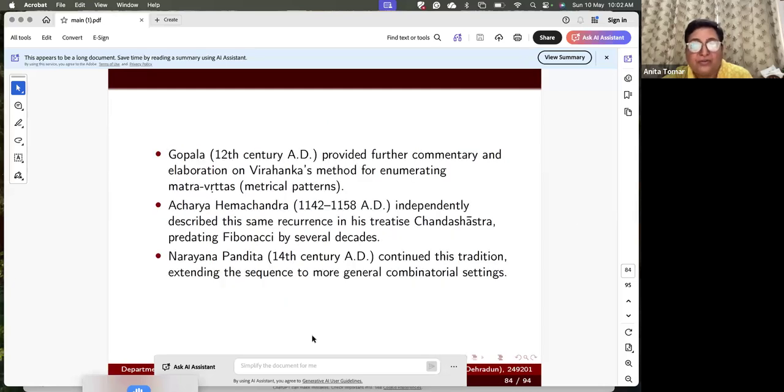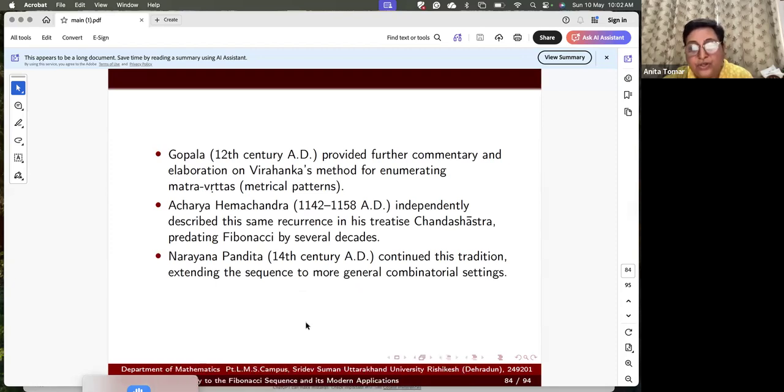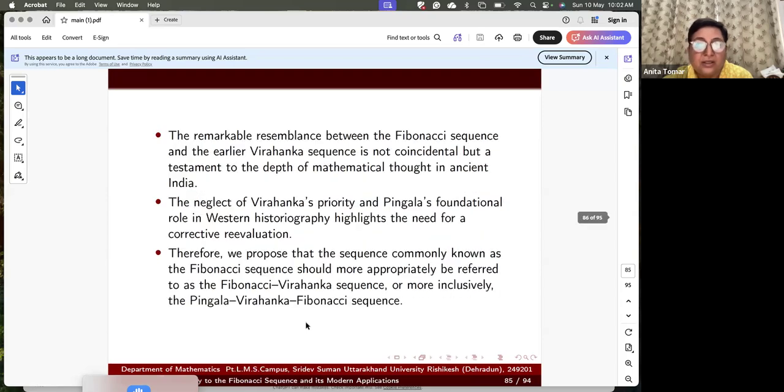Gopala further provided commentary and elaboration of Virahanka's method for enumerating Matra Vrata. Acharya Hemachandra independently described the same recurrence in his treatise. Narayana Pandita continued this tradition, extending the sequence to more general combinatorial settings.